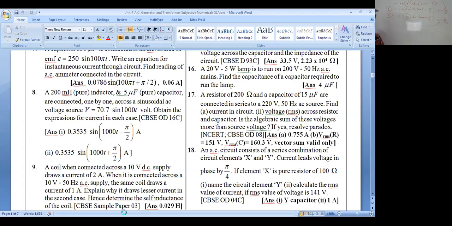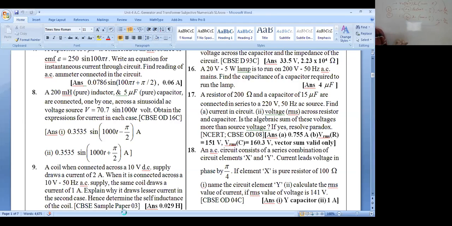You can go through this question. Easily you can find the current in each case. In case of inductor, I naught equals V naught, the maximum value, divided by XL. XL is the inductive reactance, and the phase difference is that current lags by 90 degrees.